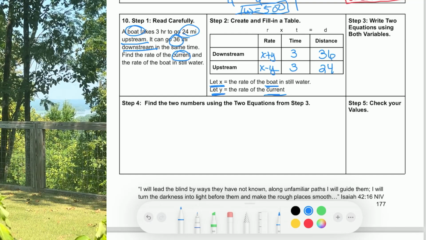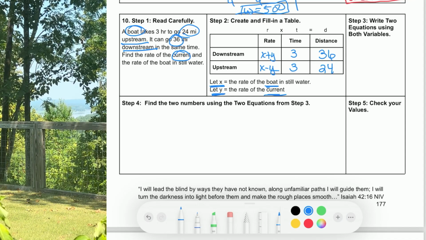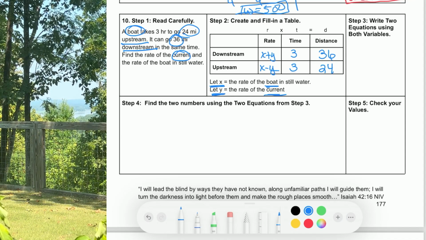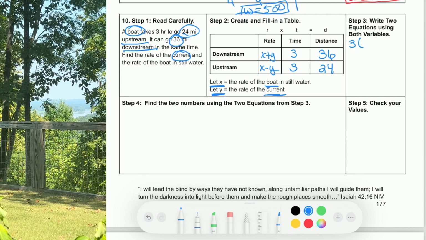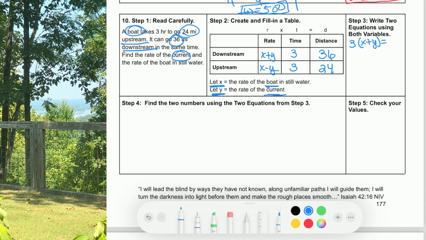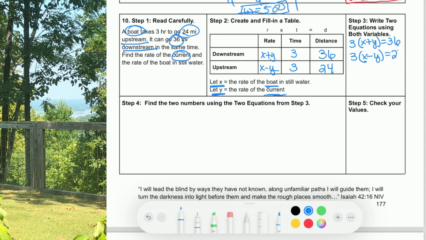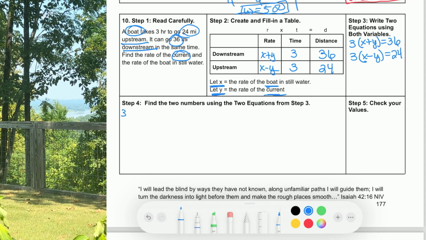Now we can actually form our two equations. So remember, rate times time gives us distance. So I'm going to have 3, which is our time, times our rate, X plus Y, gives us our distance of 36. The second one is 3 times the X minus Y gives us the distance of 24. These are our two equations. So I'm going to write that over here.